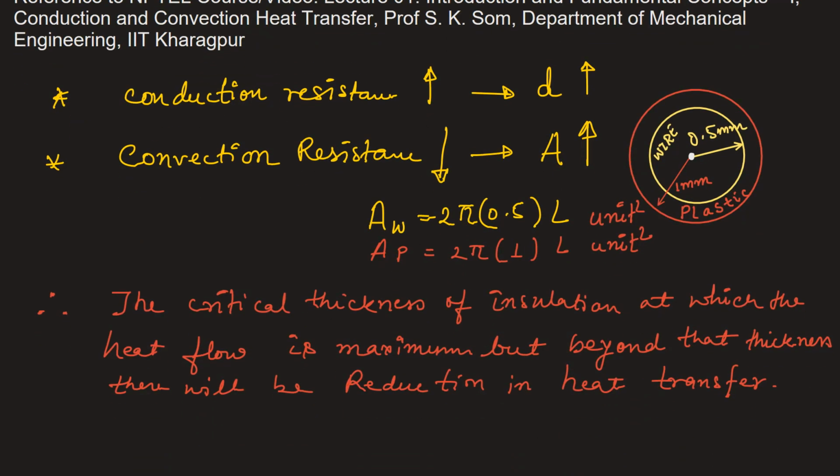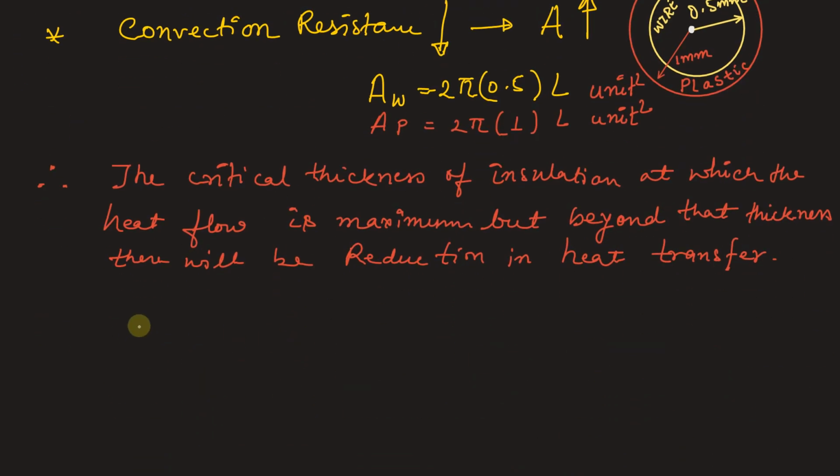So for a cylindrical cross section, the critical radius R_c is given by k by h, the thermal conductivity divided by the coefficient of heat transfer. So this is for a cylindrical shape or cross section.